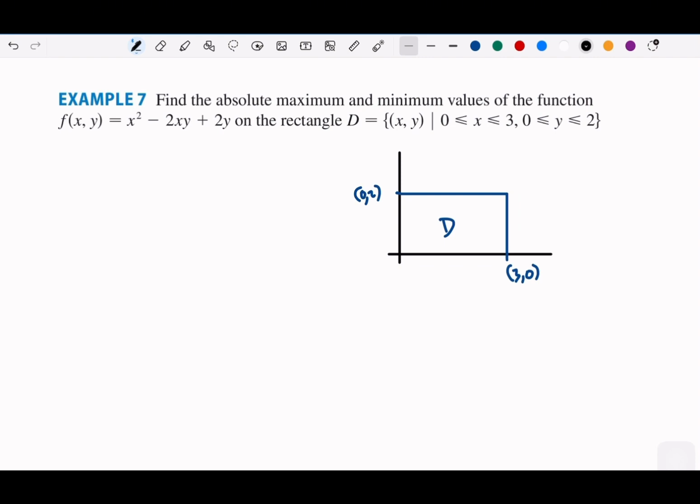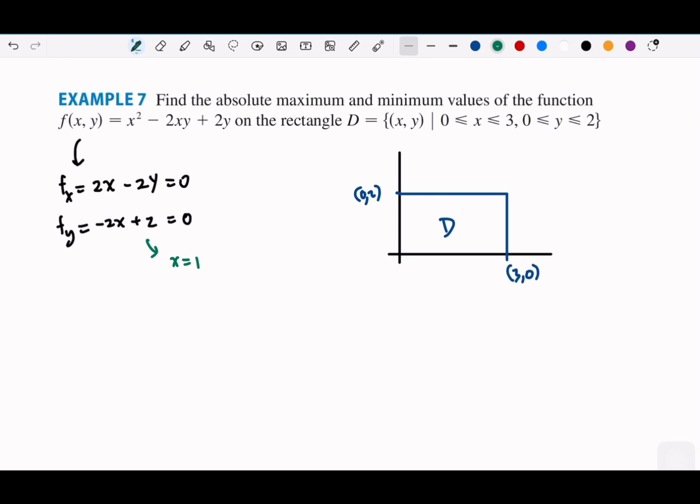The first thing is to find the critical point. We take the partial derivative with respect to x and set it equal to 0, and the partial derivative with respect to y equal to 0, and then we can solve this. I think we can solve the first one here, which gives x is 1.